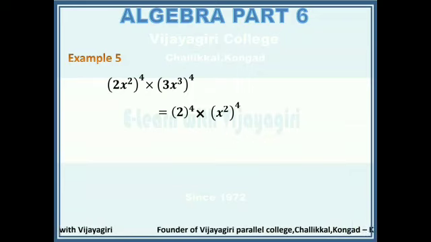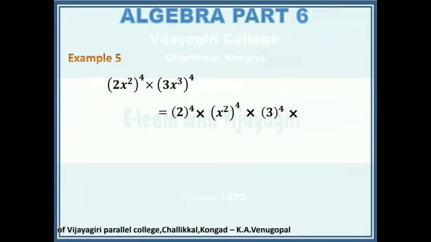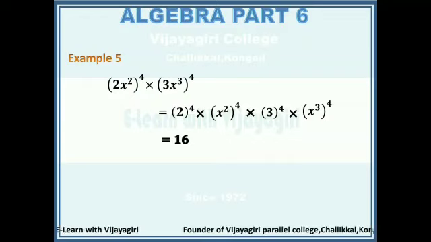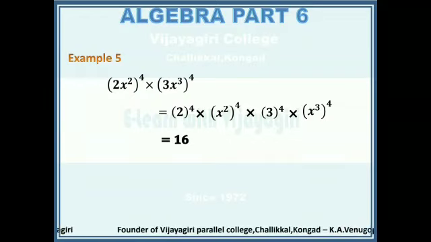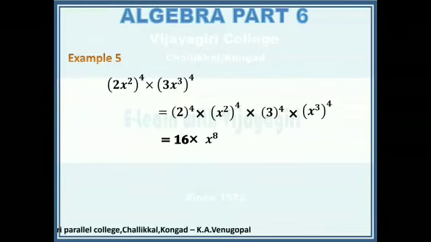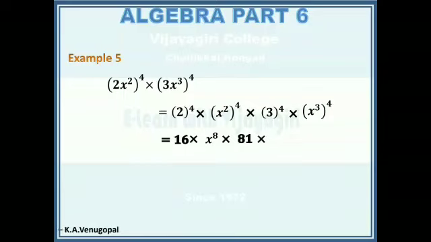Same way the second part of the question. 3 to the power 4 into x cube whole to the power 4. Now 2 to the power 4 is 16, and x square whole to the power 4 can be written as x to the power 2 into 4, it will be x to the power 8, and 3 to the power 4 is 81 into x to the power 12.